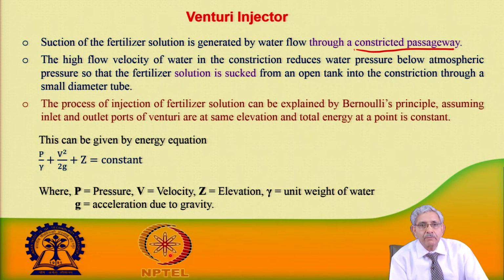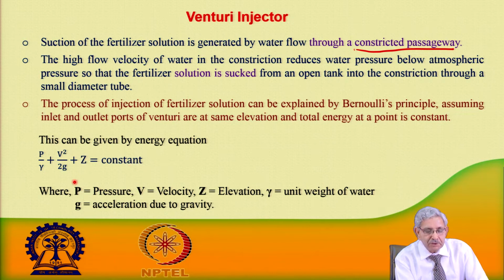Means, if any particular head is reduced, the other component increases. This is the basic principle, because the right side of the equation is constant. Suppose elevation head is 0, then pressure head plus velocity head equals a constant, or we can say when the pressure head is less, the velocity head will increase.